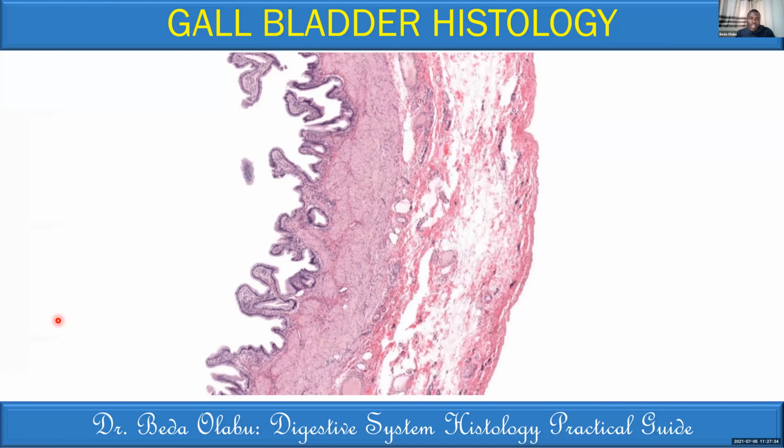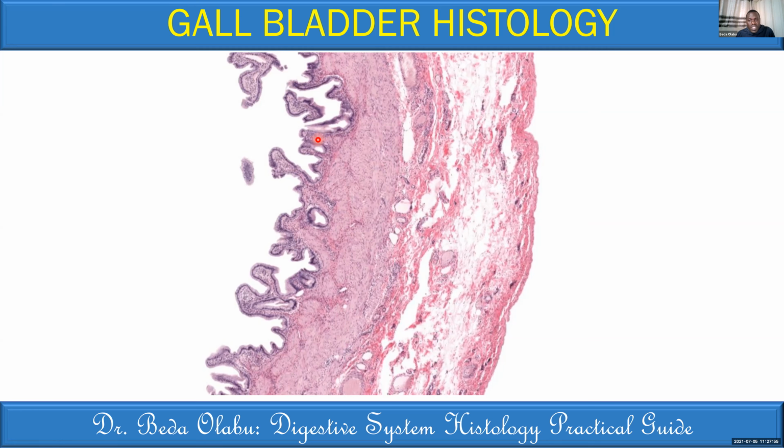Histologically, this is how the gallbladder would look like. The wall of the gallbladder consists of a layer that contains smooth muscle. This smooth muscle enables it to contract when you need the bile and relax basically when you want to store bile.